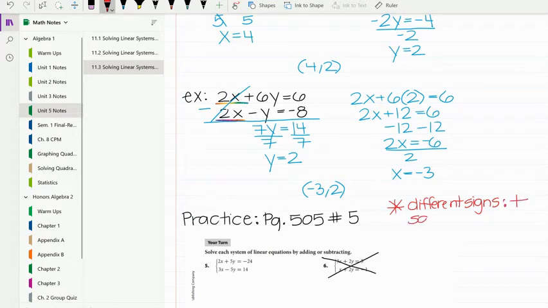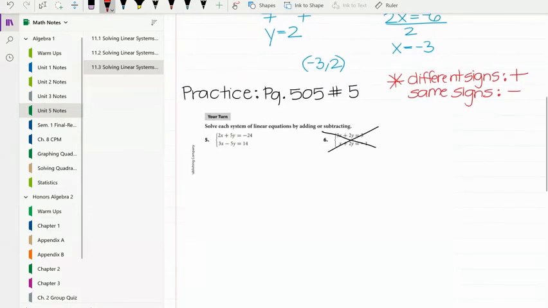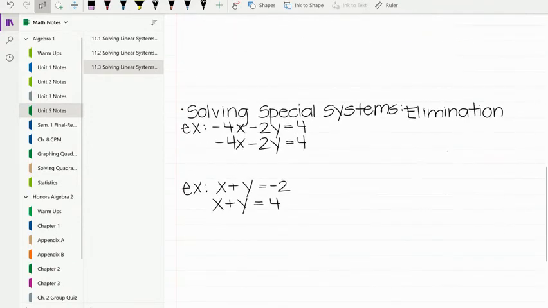And if we have same signs, we want to use subtraction. So different signs, addition; same signs, subtraction. So think: same, subtract. That might help. This next one is a practice problem, which we're going to go over in class, so I'm going to skip that. And then we just have a couple more examples here.